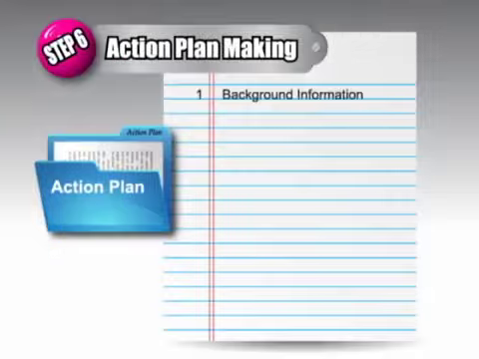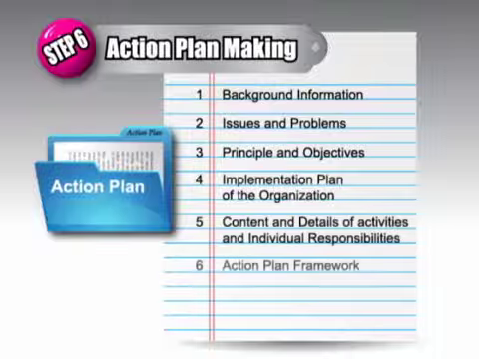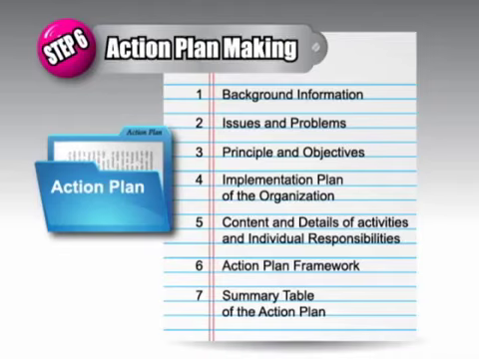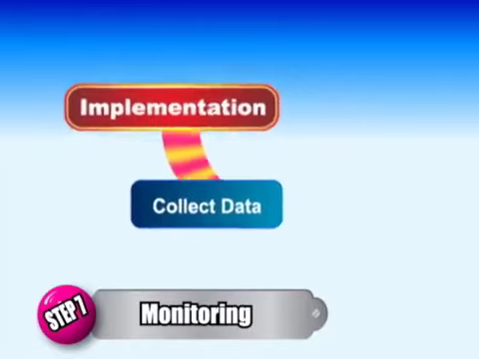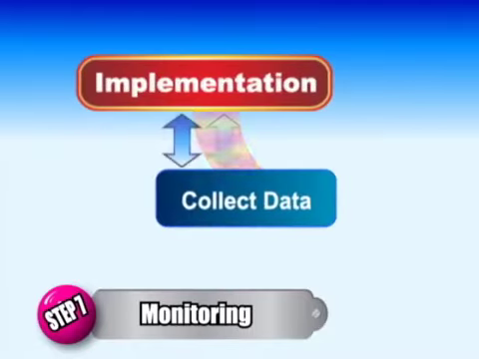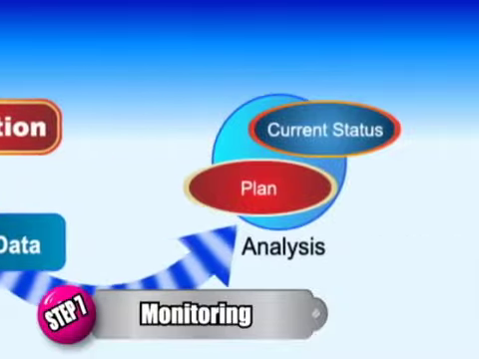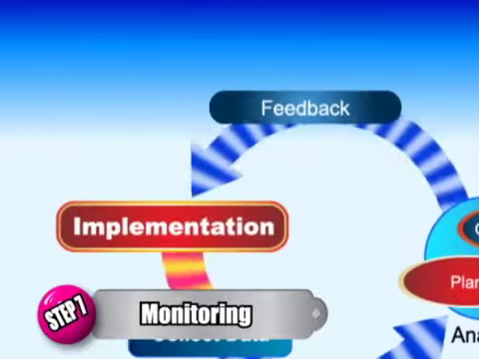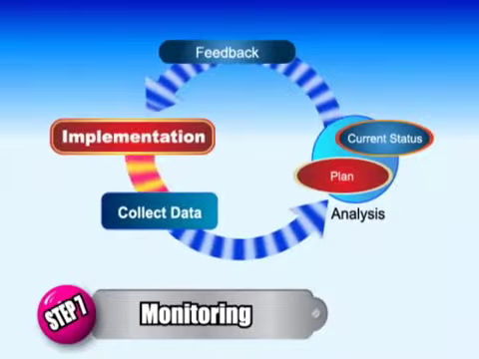Step 6. Action Plan is a detailed plan of activities to implement the project, with activity content, schedule, and targets described. Step 7 is Monitoring. Monitoring is work to collect information in a continuous and periodic manner to grasp the progress of the project, analyze the results, and reflect it on course adjustments for the project.